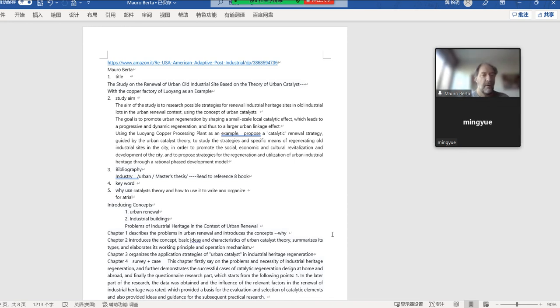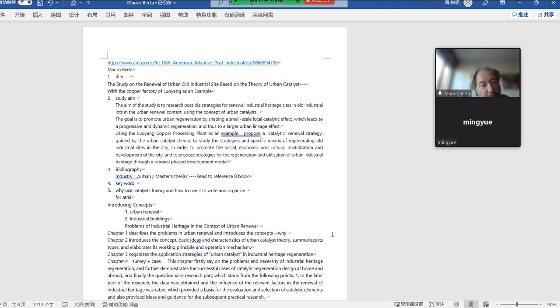This kind of frame of reference, in my opinion, is important for you. So you are not working on a general blueprint for the renovation of the entire site, but you are working on the potential effects of the single tactical operation. I mean, a single transformation that can also be temporary. This is very important.